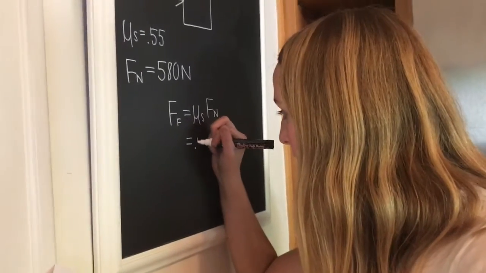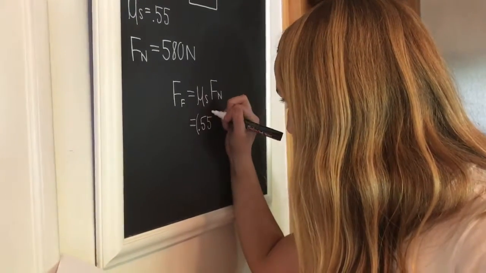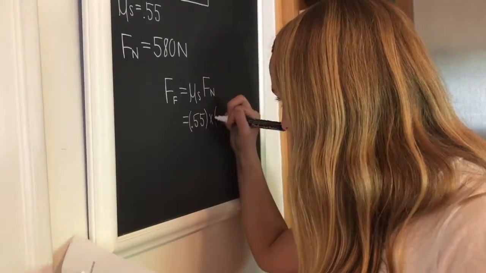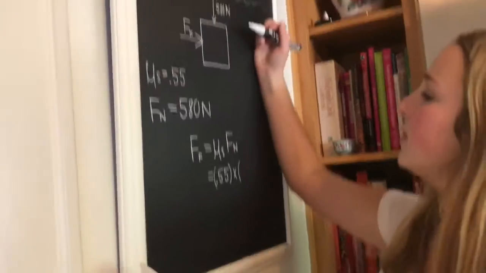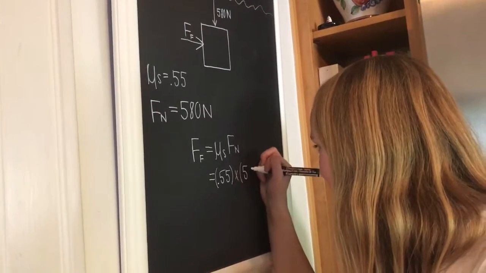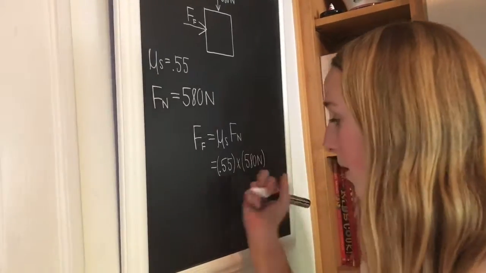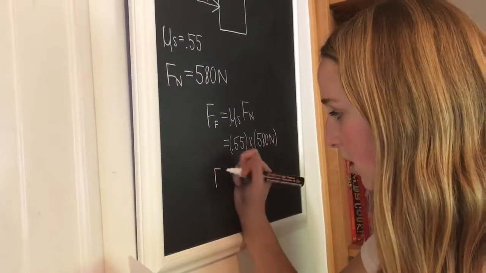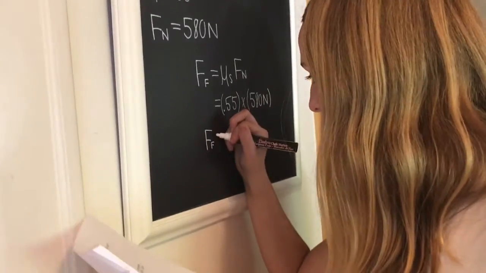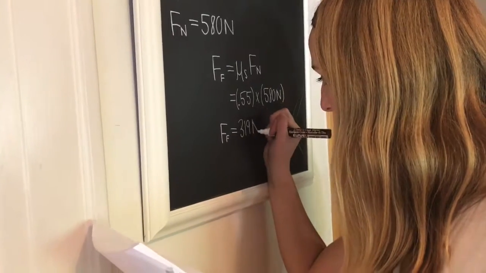So 0.55 times Fn, which is, as you see in this diagram, and as I put here, 580 newtons. And then when you multiply them together, you get 319 newtons.